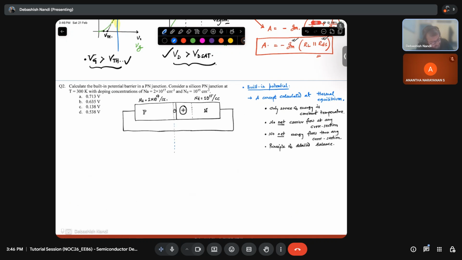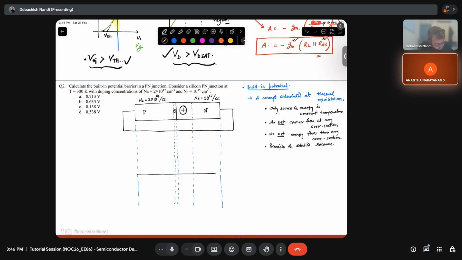First, let us quickly draw the band diagram. Let us draw the vertical lines. In equilibrium, what is the first condition we should meet? Equal Fermi level, constant Fermi level, right? Then the P side is highly doped, so my EV will be very close.